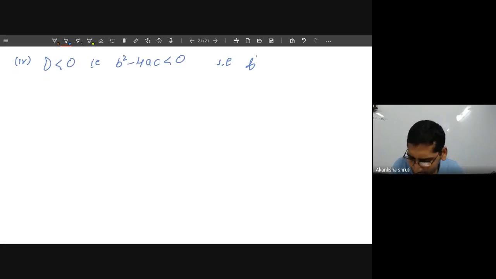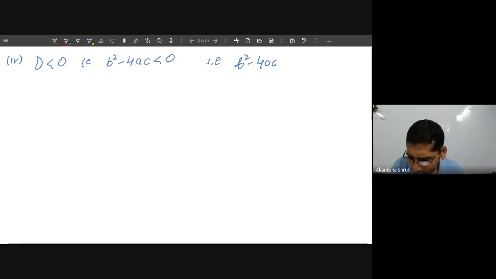Now let me go for the fourth possibility. It is possible that d is less than 0. That is, b square minus 4ac is less than 0. That is, on calculation or simplification of b square minus 4ac, you are getting this value as negative.